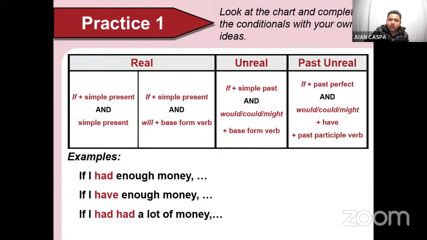And if we talk about unreal, if plus simple past and would, could, might plus the base form of the verb. For the past unreal, if plus past perfect and past participle. In this case, would, could, might plus have plus. For example, how can you use this?